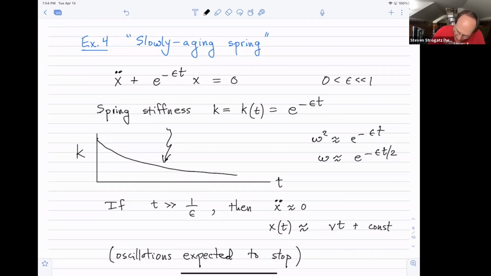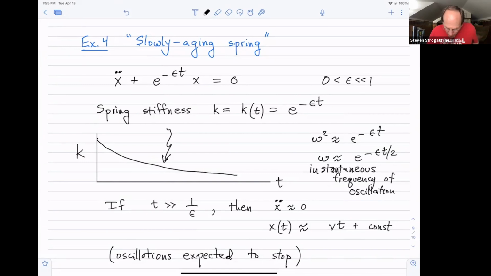It's an instantaneous angular frequency of oscillation. So we expect that the oscillation should get slower and slower as time goes on, and eventually stop.